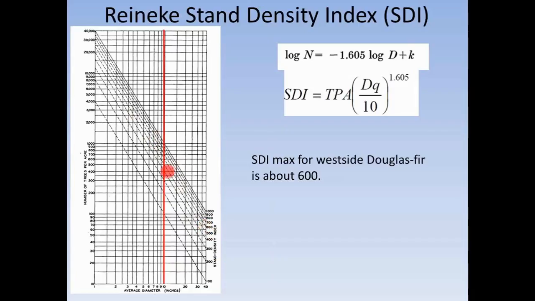Now, as you have, say, 15-inch trees, you're going to have fewer trees, but you're still going to be on that same index. So it basically pins down the lines to that 10-inch tree in a similar way to how we pin down site index curves to a base age of 50. So that's basically how these SDI lines work.